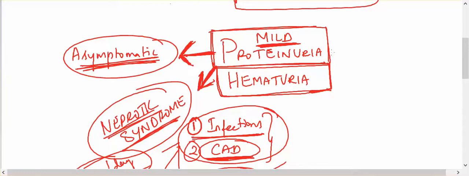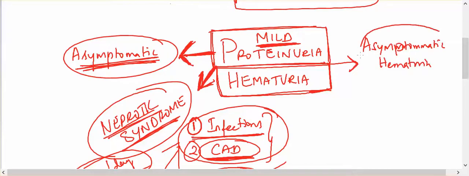So if it is not producing any symptoms, then it is asymptomatic hematuria. Okay, why I am telling is, even in hematuria there may be mild traces of protein.